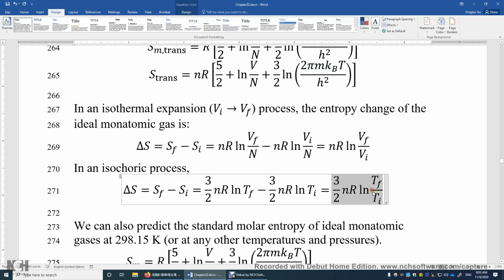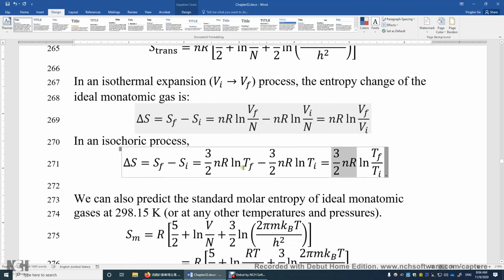And if you still remember the equation for the entropy change in an isochoric process, it's just this. It's 1.5 times NR times the logarithm of T final over T initial for monatomic ideal gases. Again, monatomic ideal gases, so that we can neglect the rotations and the vibrations. And 1.5R is the CV,m of those monatomic ideal gases, and 1.5 NR is CV of those monatomic ideal gases.